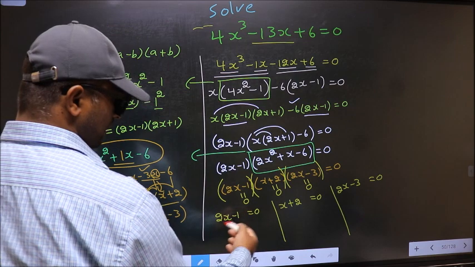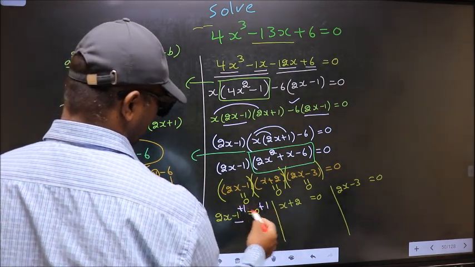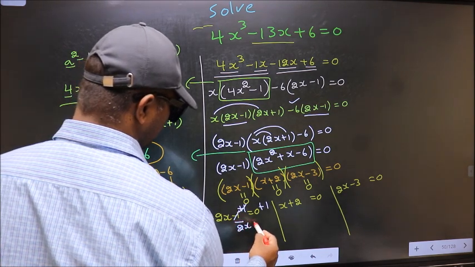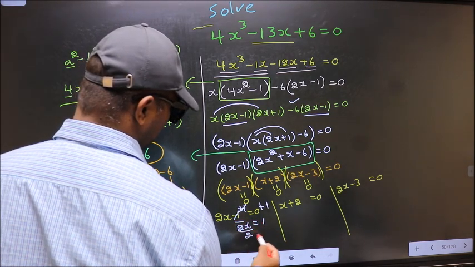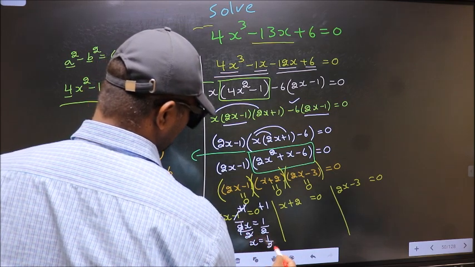Now to get x value from here, I should remove minus 1, so add 1. You get 2x equal to 1. Now I should remove 2, so divide by 2. You get x equal to 1 by 2.